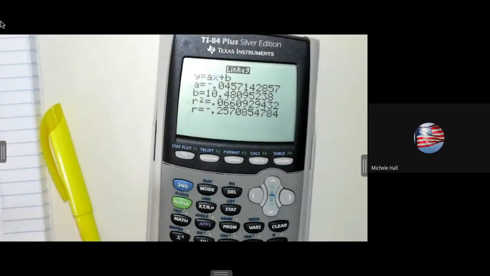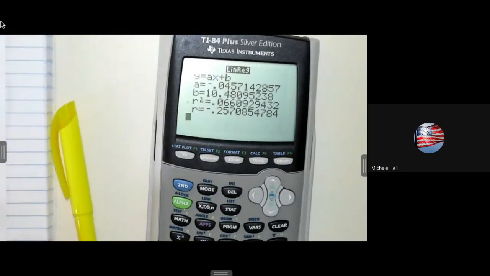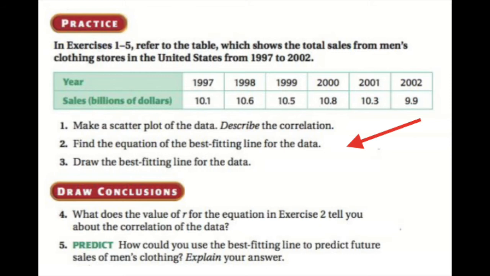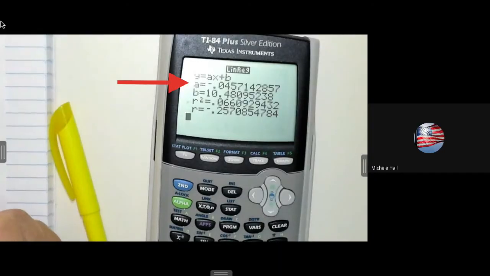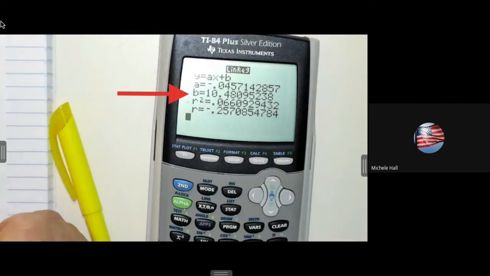If you look down right below this, it says number 2, find the equation of the best fit line. That's where you're going to write your equation. Y equals negative 0.05 X, and then B is positive, so plus 10.48.